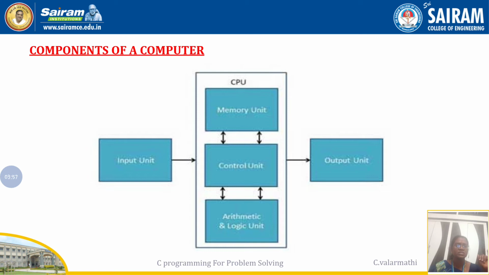So the first one is the memory unit, second is the control unit, and third is the arithmetic logical unit. A very important thing is these are all interconnected. When you go for one data processing, one application, one work, these three will be interlinked, and you will be getting the desired output through the output devices, right? So these are all interconnected parts.